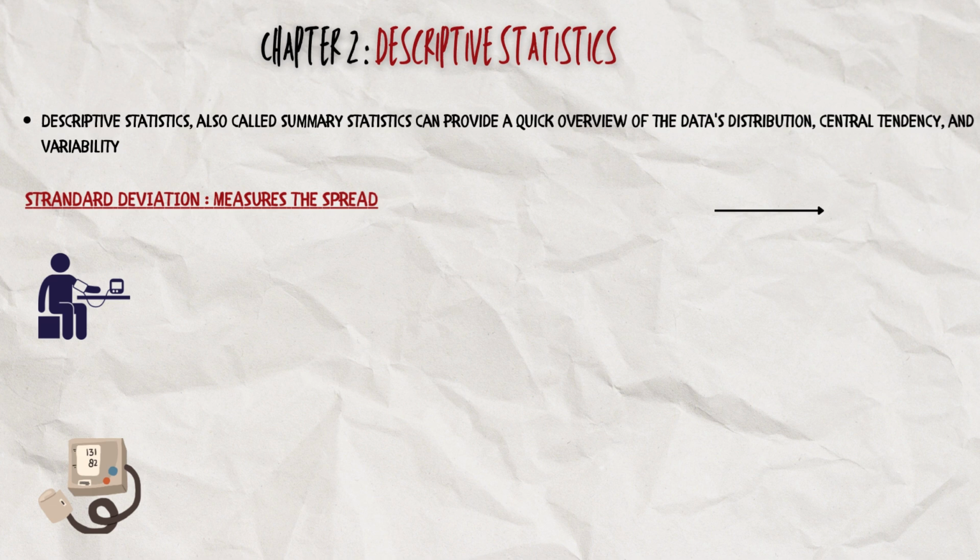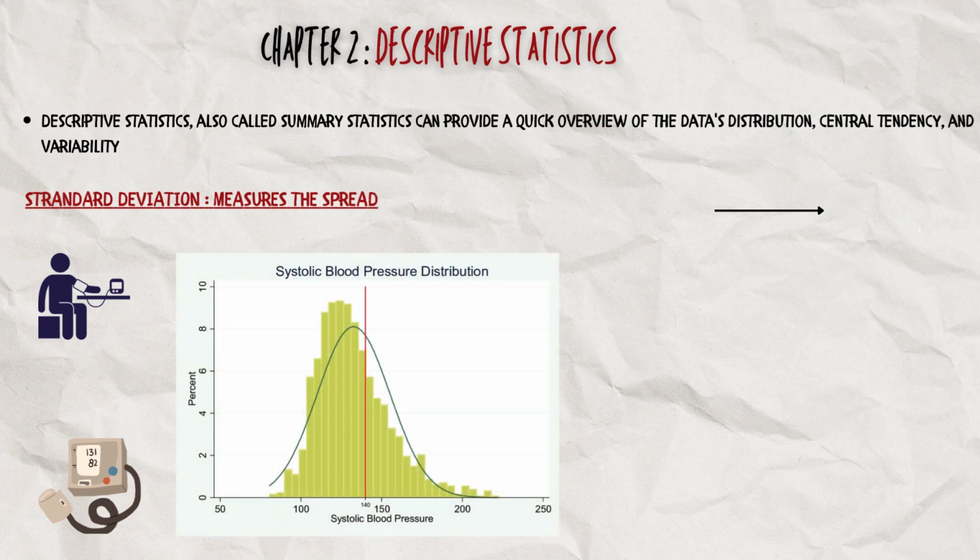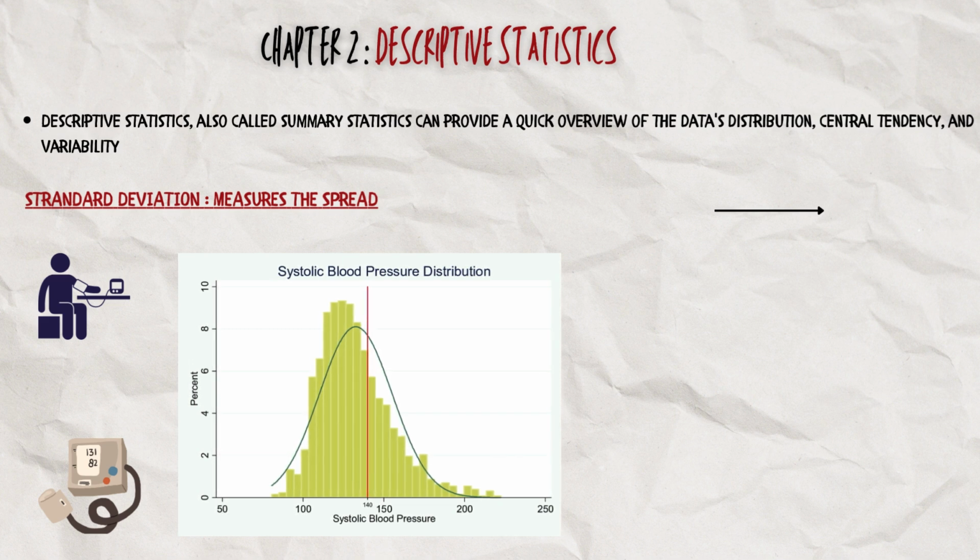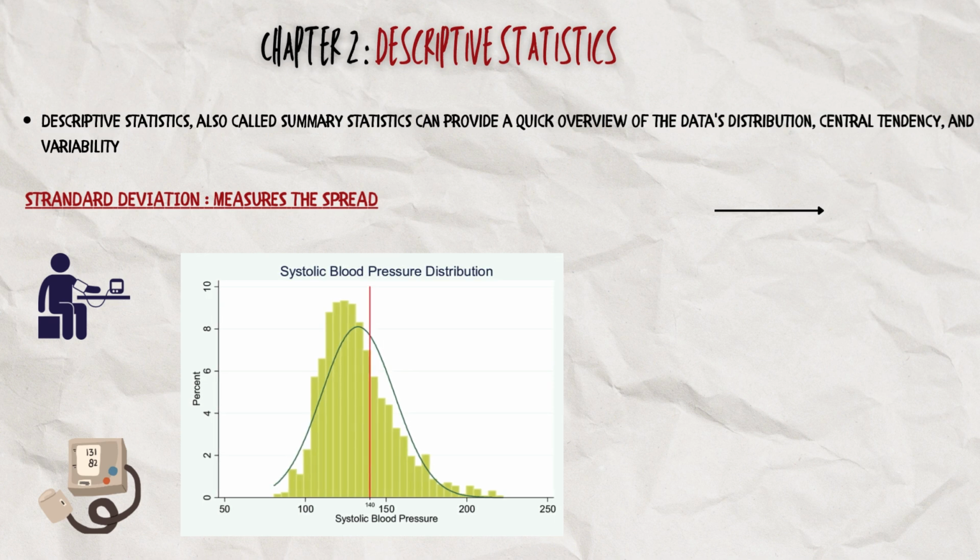Short answer, no. Because the standard deviation of blood pressure across the country is 10. That means 90% of people would have a systolic blood pressure ranging from 105 to 145. That is, you are amongst the normal. That is, you are not a rare case and this is an expected deviation while measuring blood pressure.